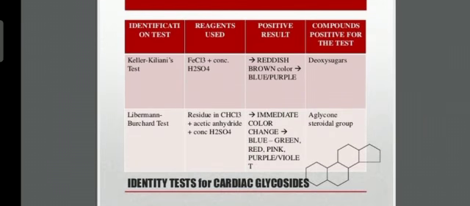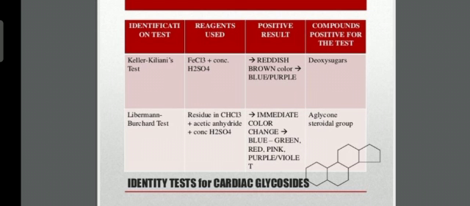Next one is the identity tests for cardioglycosides. The identification test is Keller-Kiliani's test. In this test, if we add FeCl3 plus concentrated sulfuric acid, and we get reddish brown color or blue purple, we can say that the compound is deoxy sugars.